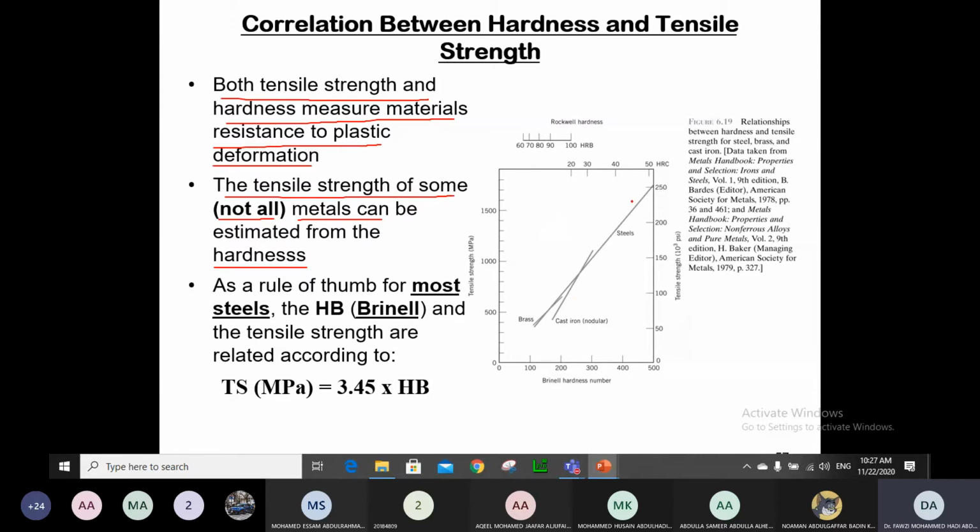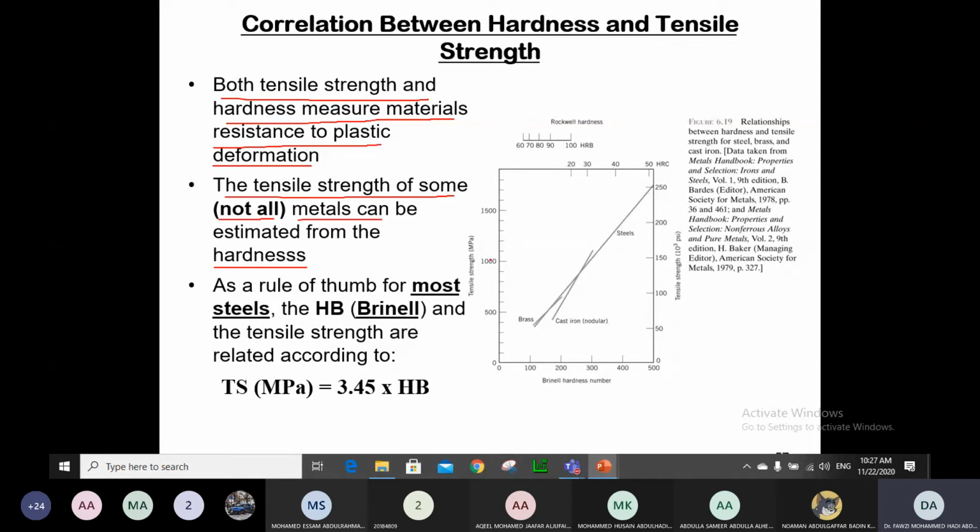For example, for the steel, which is the most important one, this is the steel there, which passes through the zero. This is for cast iron, the nodular cast iron, and this is for the brass. But basically, we are much more concerned about the steel, which has much more application.